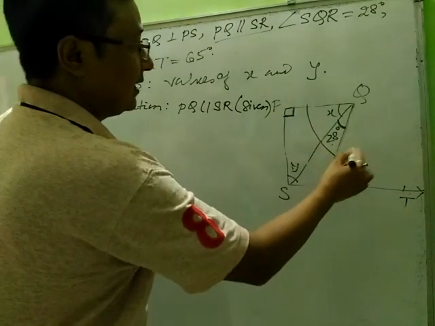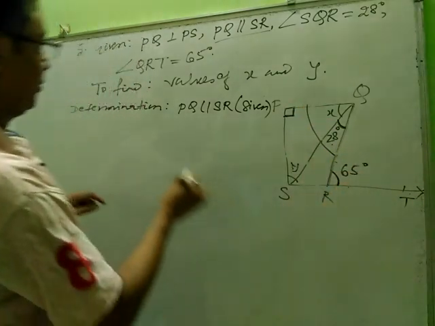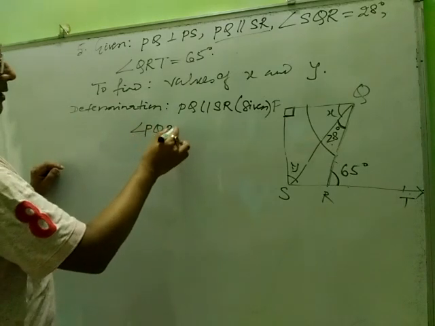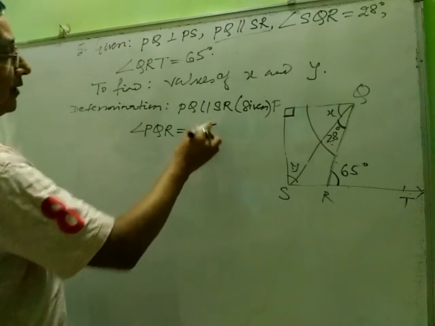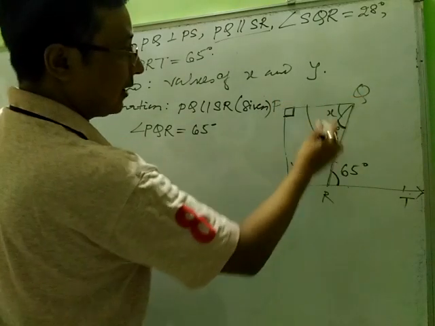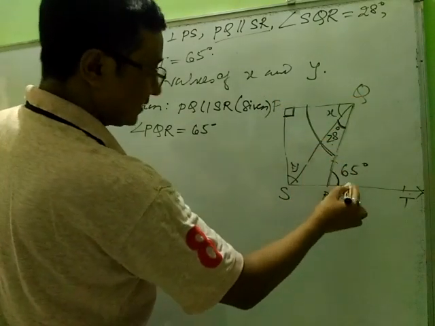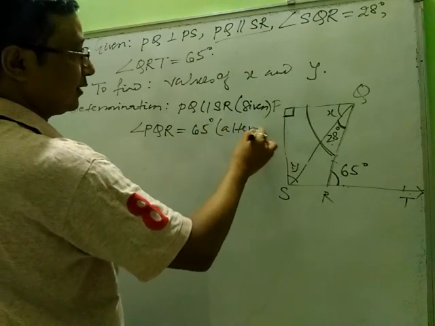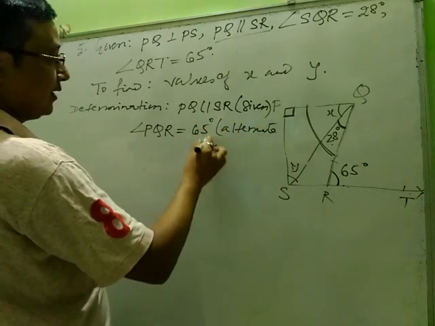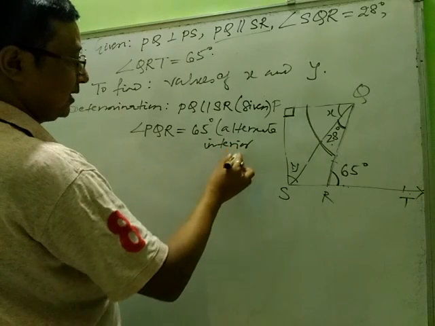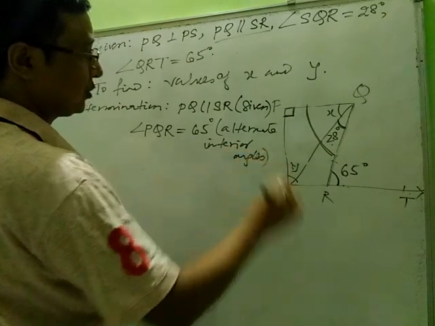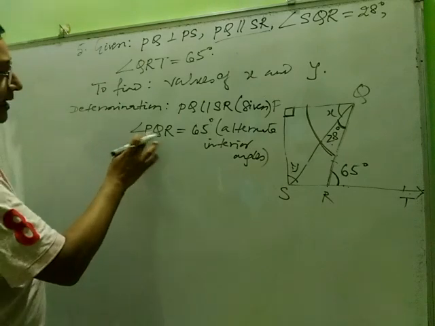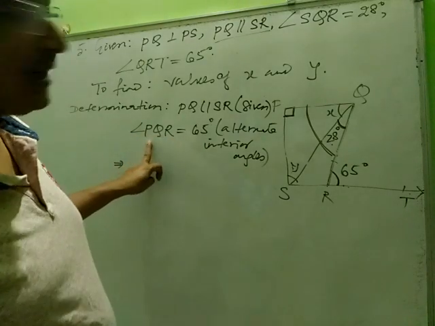So angle PQR equals 65 degrees. It is alternate interior angles.